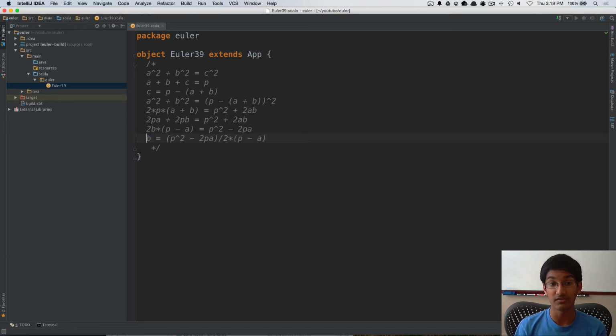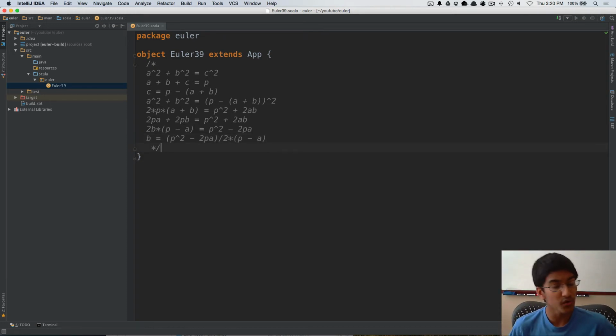And so here now we have b in terms of a, and we can easily test this to see if it produces an integral result by calculating the numerator and the denominator and doing a modulo on this. So that's it. Now we have a quick way to test out values for this Diophantine equation.